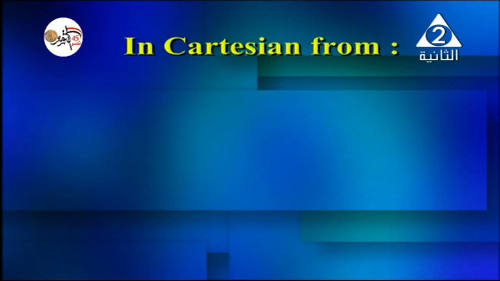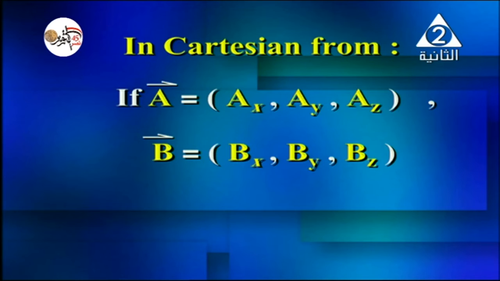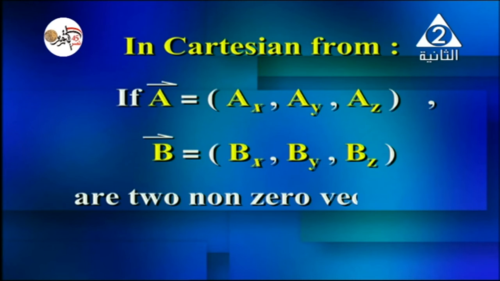In Cartesian form, we can put a vector that has three components: ax, ay, az, and b vector bx, by, bz, two non-zero vectors.